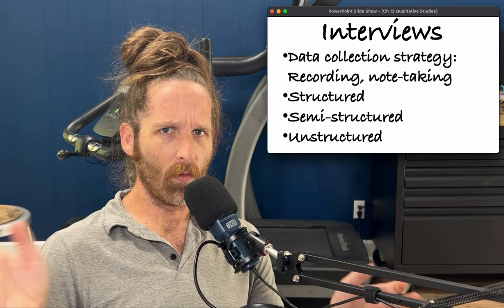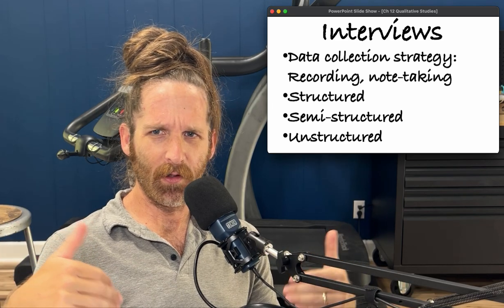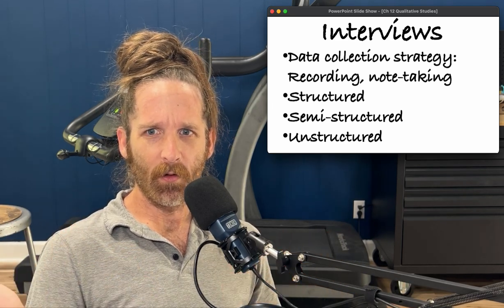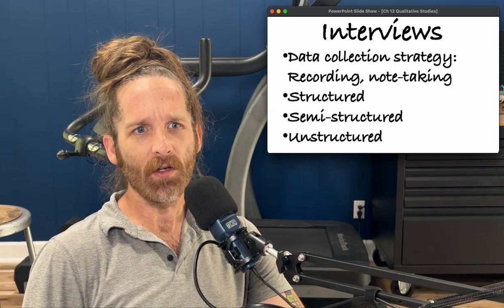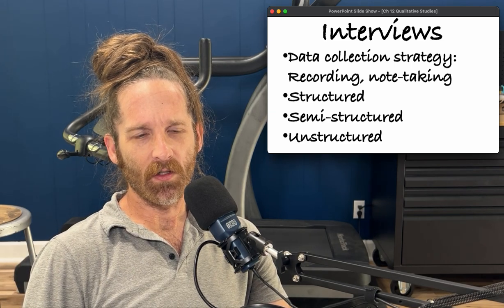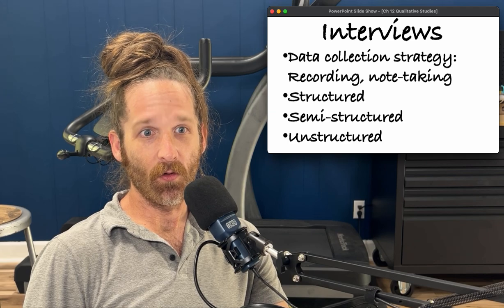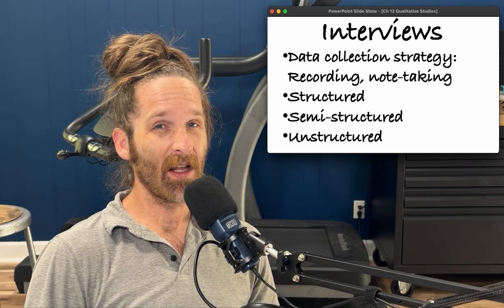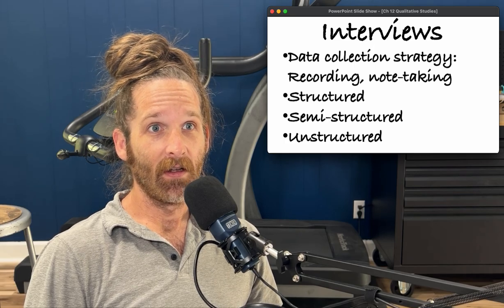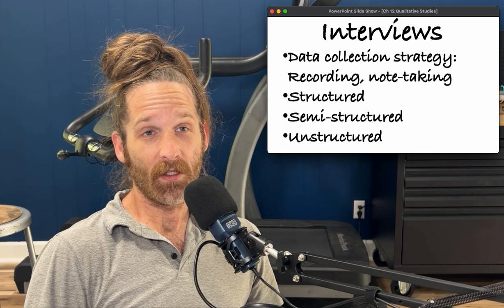They won't say, oh, well, we're going to move on. They follow the participant, the interviewee. So semi-structured interviews allow the qualitative researcher to follow new directions that were unanticipated or unexpected, and follow them to see where they lead.